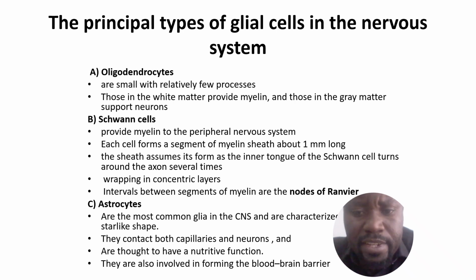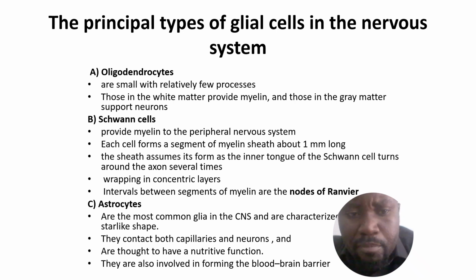Oligodendrocytes provide myelination in the central nervous system, while Schwann cells provide myelination for axons in the peripheral nervous system. The other difference is that each oligodendrocyte will be associated with at least 2 neurons or axons, while every Schwann cell is only associated with 1 axon at a time.